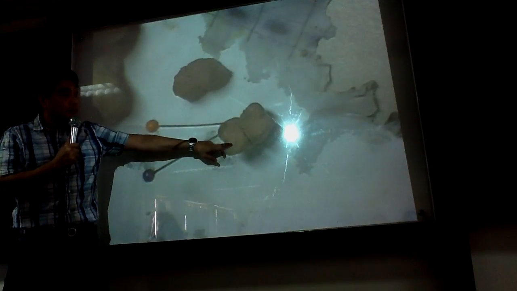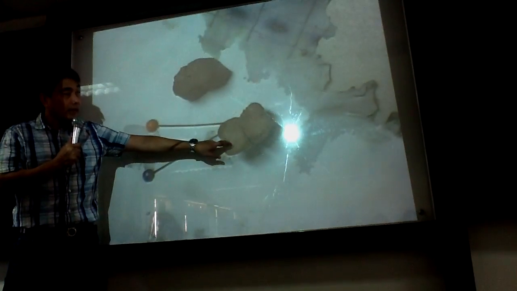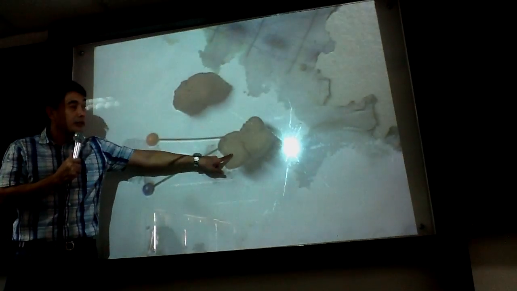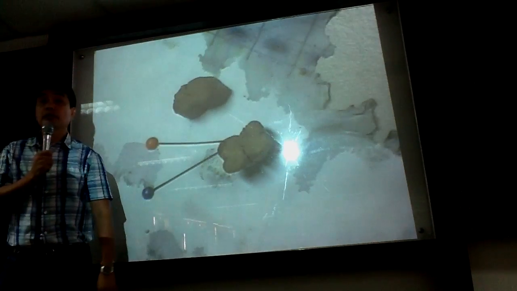And all the structures above the olive and lateral to the medial lemniscus, lahat yan, reticular formation. Okay? So, reticular formation. So that is the upper medulla. The cavity there is your 4th ventricle.